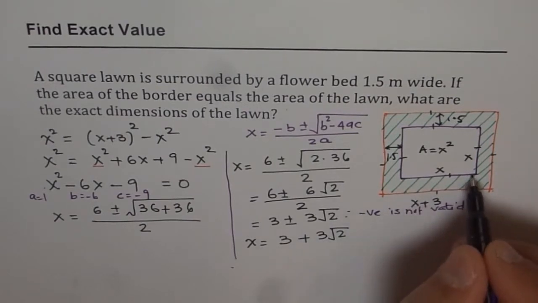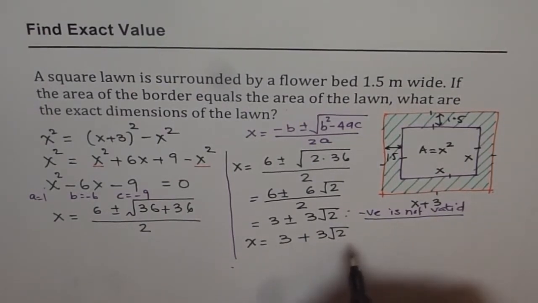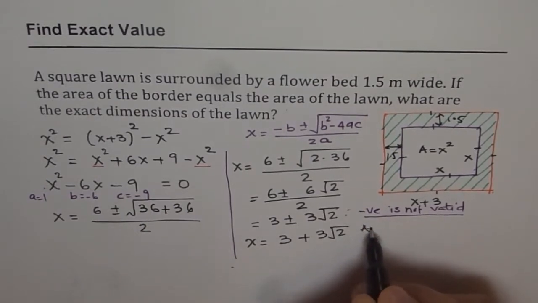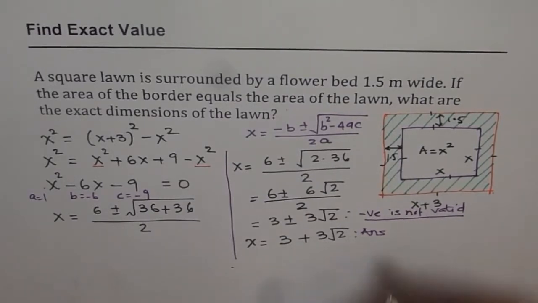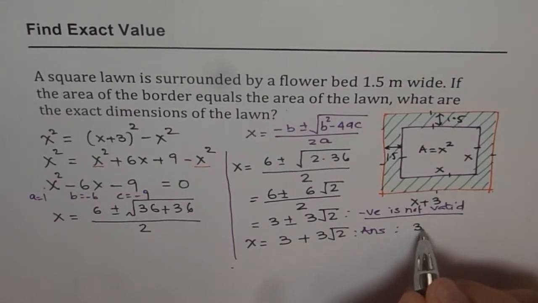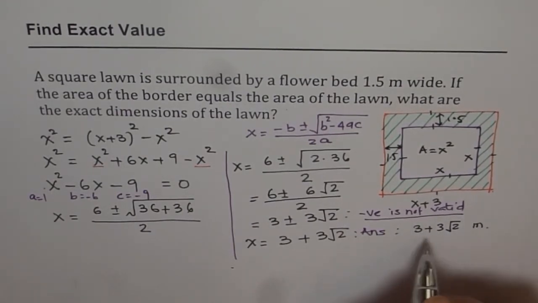The sides should be positive. We are talking about dimensions, so negative is not valid, and therefore this is the only solution, and that is our answer. Do you see that? We'll write the units also. The units for us are meters. So we have the answer written as 3 plus 3 square root 2 meters.